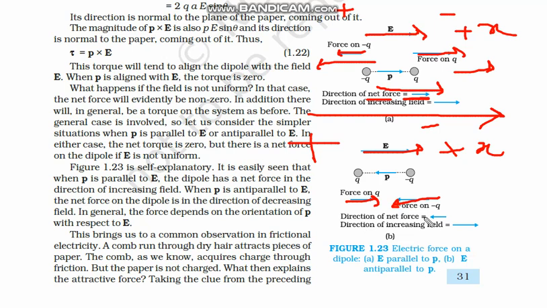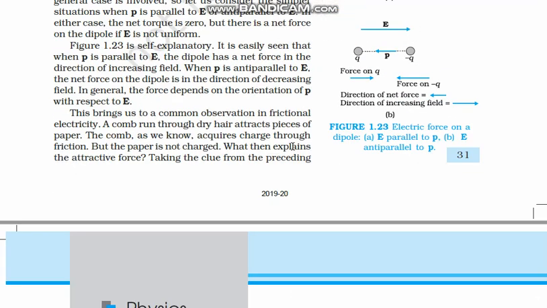So in that case this goes to left, this goes to right, and the direction of the dipole is in the negative direction, hence the total direction of the force on the dipole is on the left side, or negative x-axis, while the direction of increasing field is in this direction. I hope this example is clear to you.